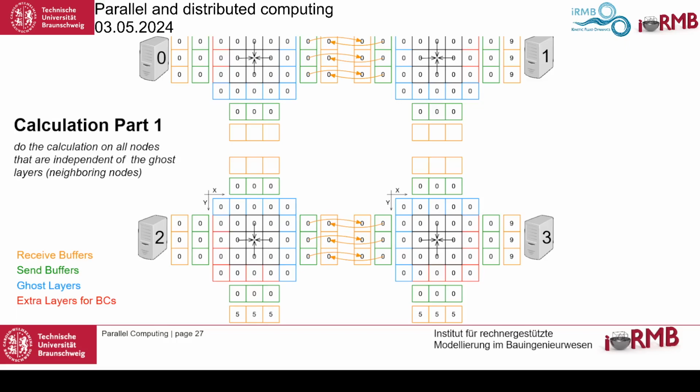Yeah? And what we are now doing is to split what we want to do in two parts, namely the internal part that is not dependent on the interface and the outer part that is dependent on the interface.